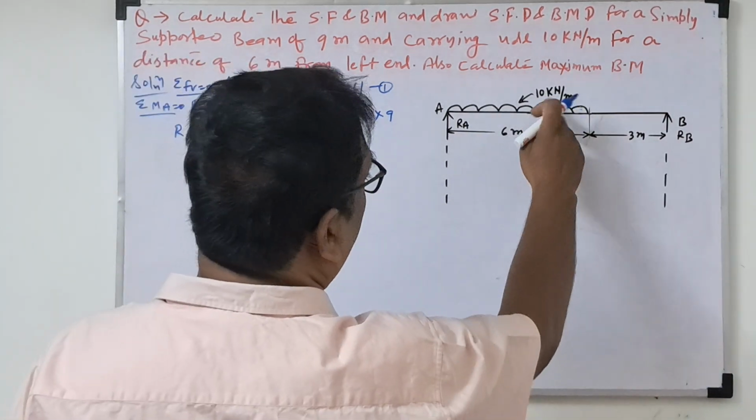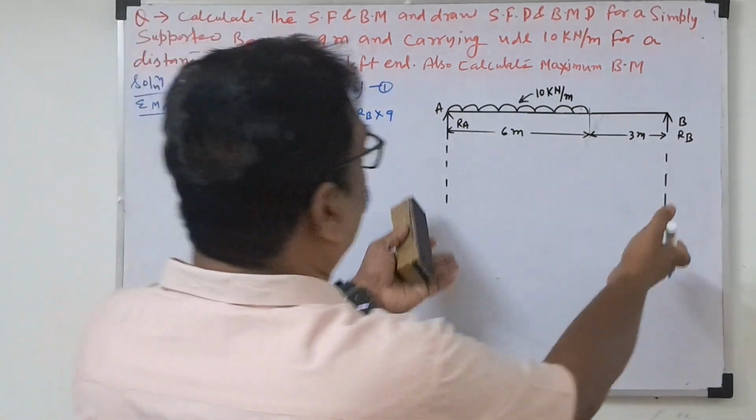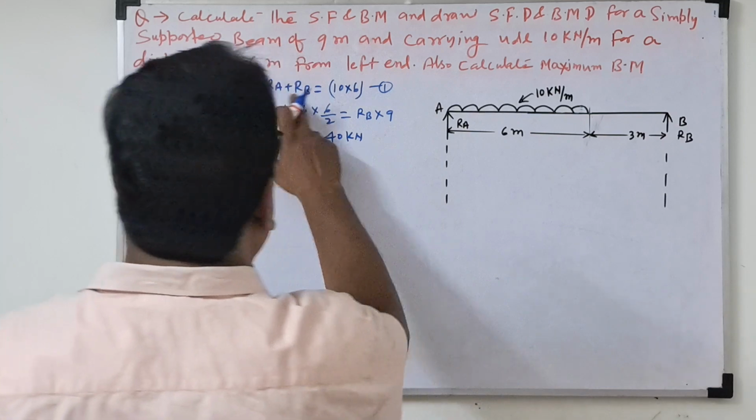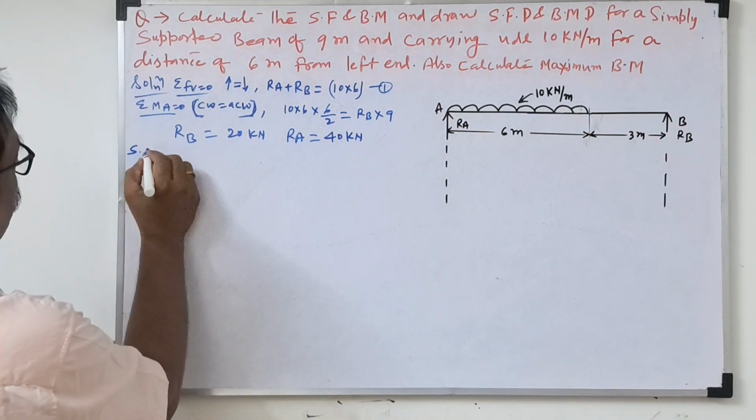Check: 40 plus 20 is 60, so RA plus RB should be 60, which equals 10 into 6. So it is correct. Now we will do the shear force diagram calculation.